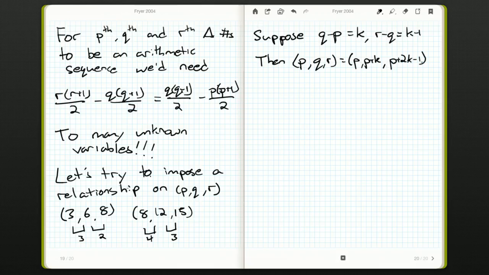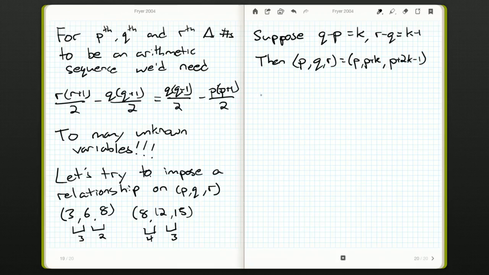All right. So we could take these and substitute them into this formula and find a relationship between maybe P and K. We'll be down to 2 variables and 1 equation, so that should give us a relationship between P and K.